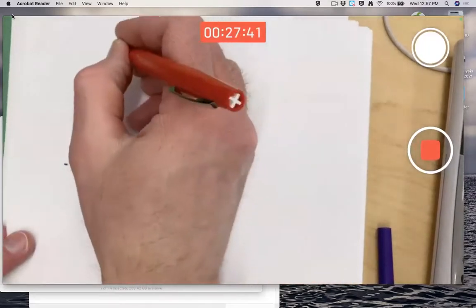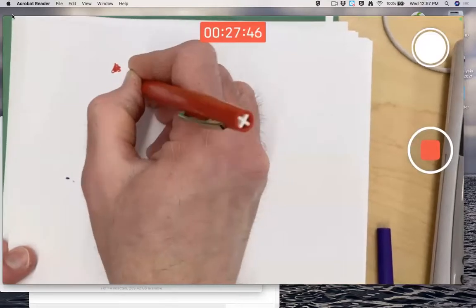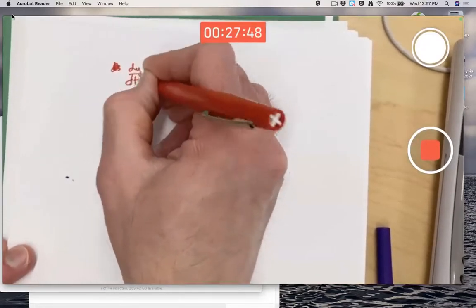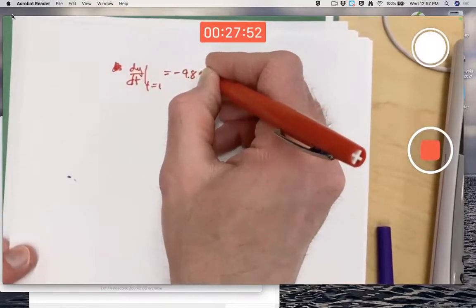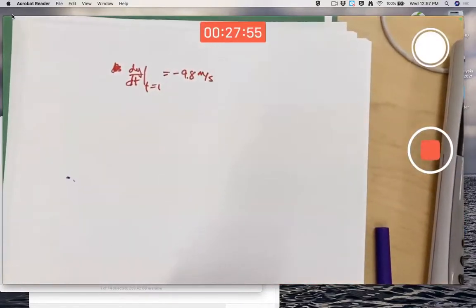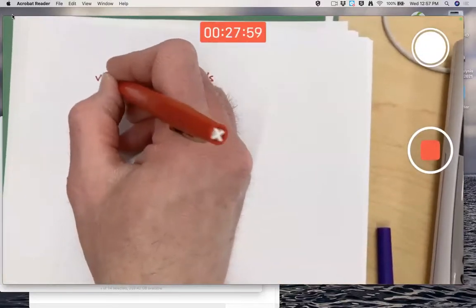We just found that ds/dt, or dy/dt, evaluated at t equals 1 is equal to negative 9.8 meters per second. That is the velocity at time 1. You could write that as v of 1 if you like.